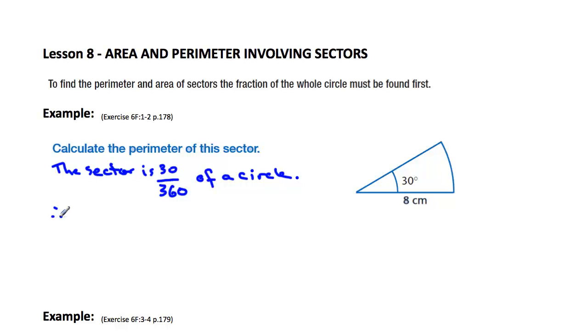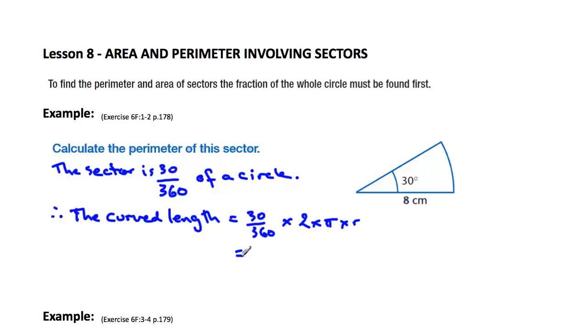So therefore, we would say that the curved length is going to be 30/360 times the circumference of a circle, which is 2 times pi times r, the radius. So our full equation, or the part that we've got to evaluate, is 30/360 times 2 times pi times, in this case, a radius of 8.